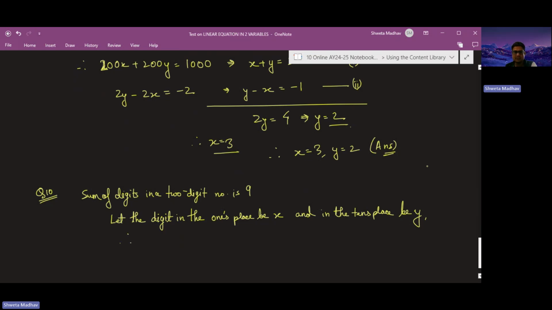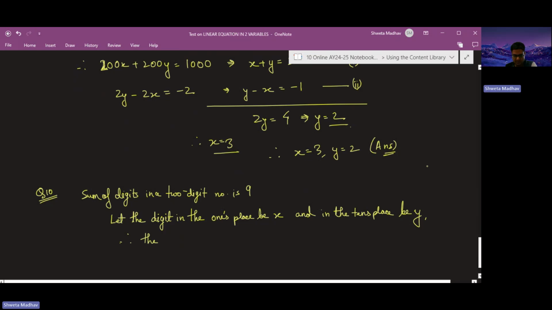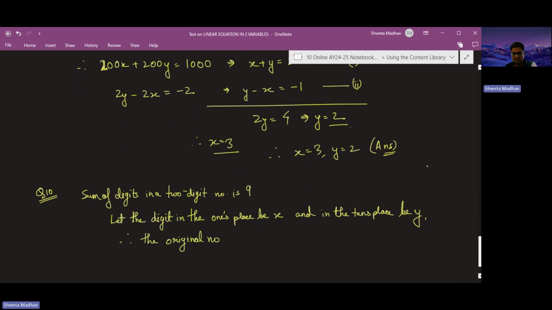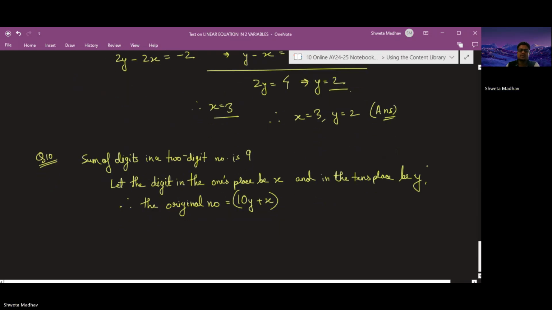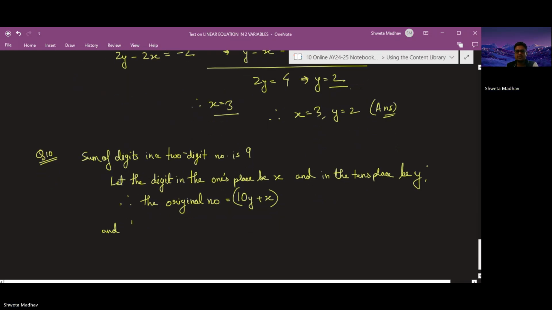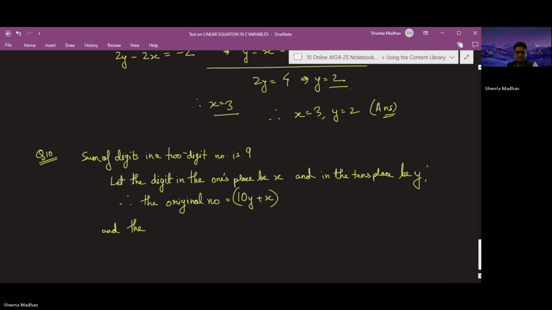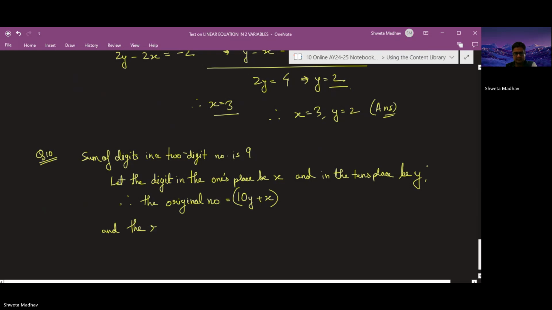So then the original number will be equal to 10y plus x, and the reversed number will be equal to 10x plus y.